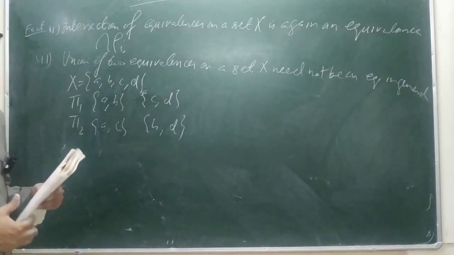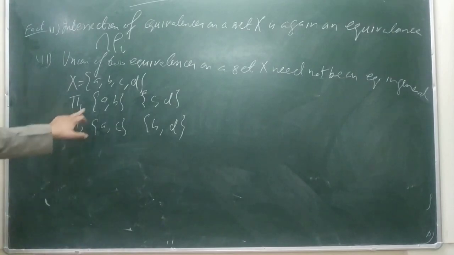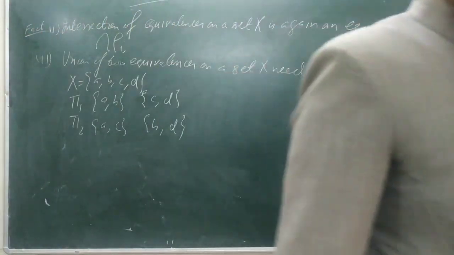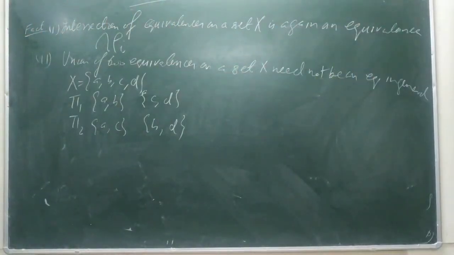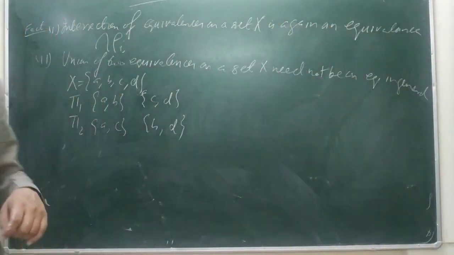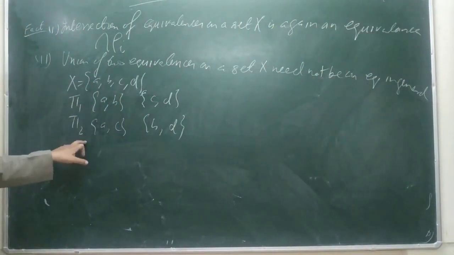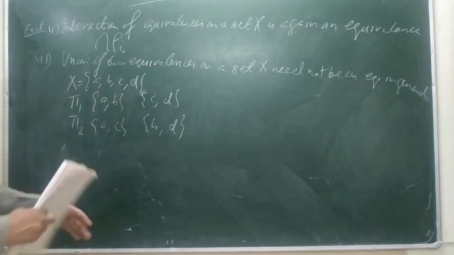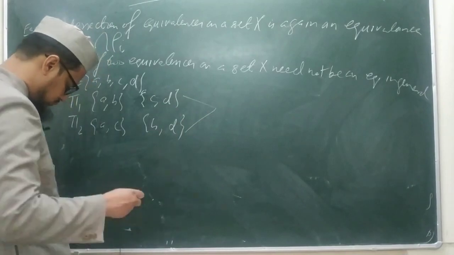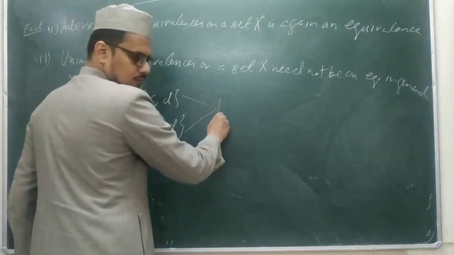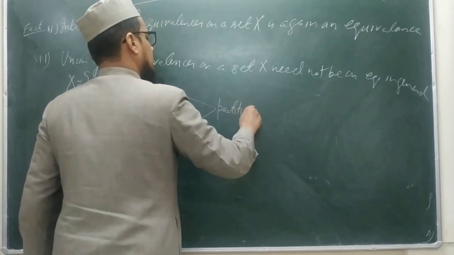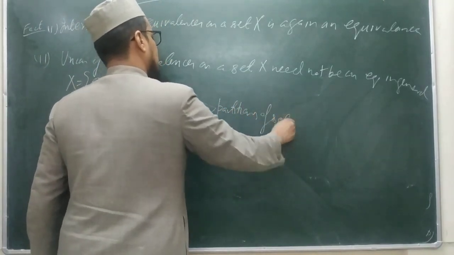Try to visualize that pi 1 as well as pi 2 form a partition of set X or not, correct? So pi 1 and pi 2 form partitions of set X. Both are partitions.